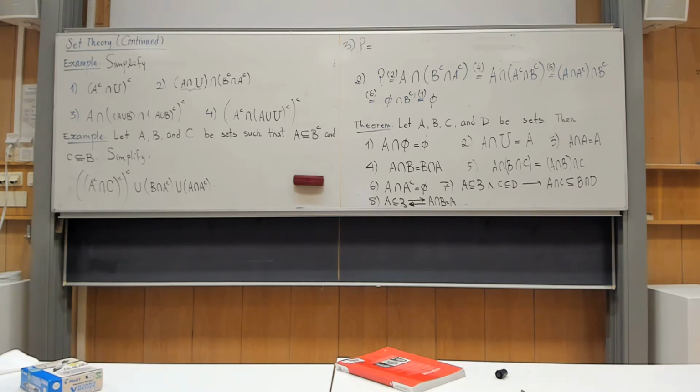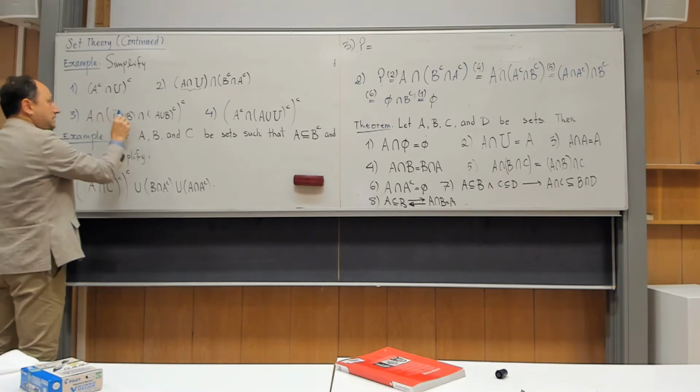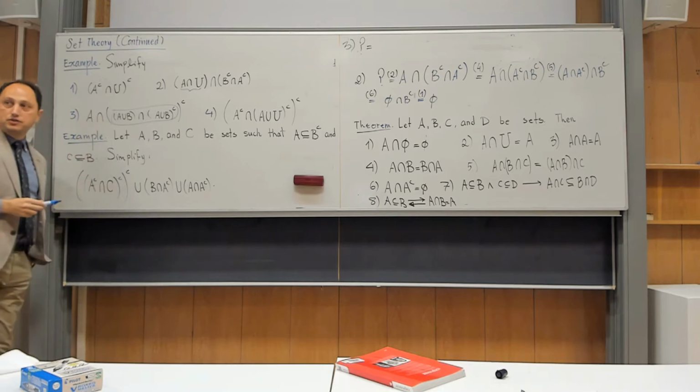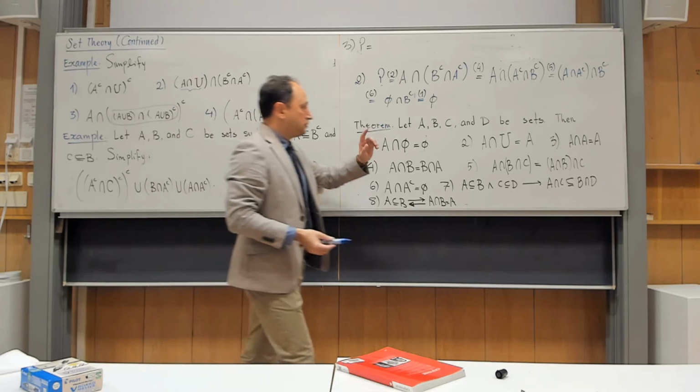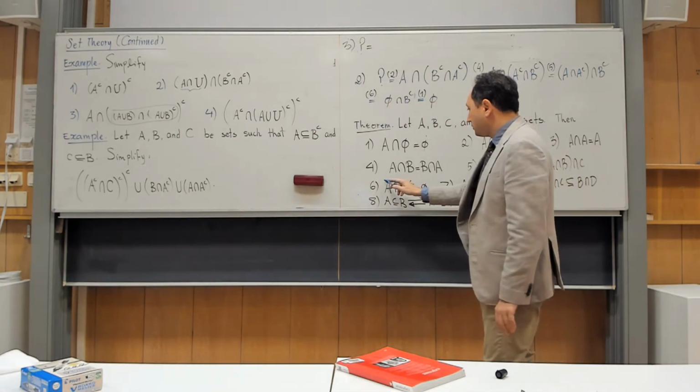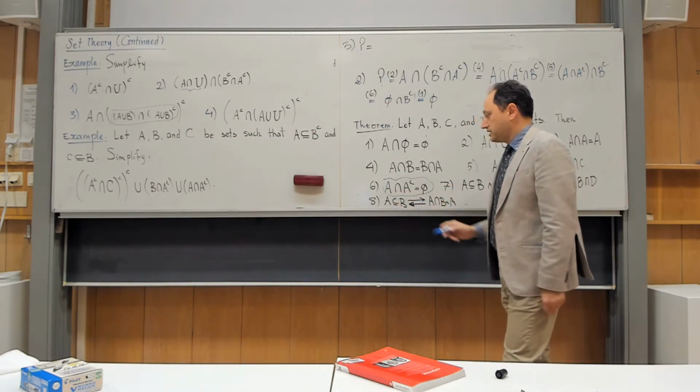What's the answer? So you can immediately say something about this. You really don't need to do it step by step. Pardon? Empty set? Yes. Because what we learn, I want you to understand how to read these formulas, yes?